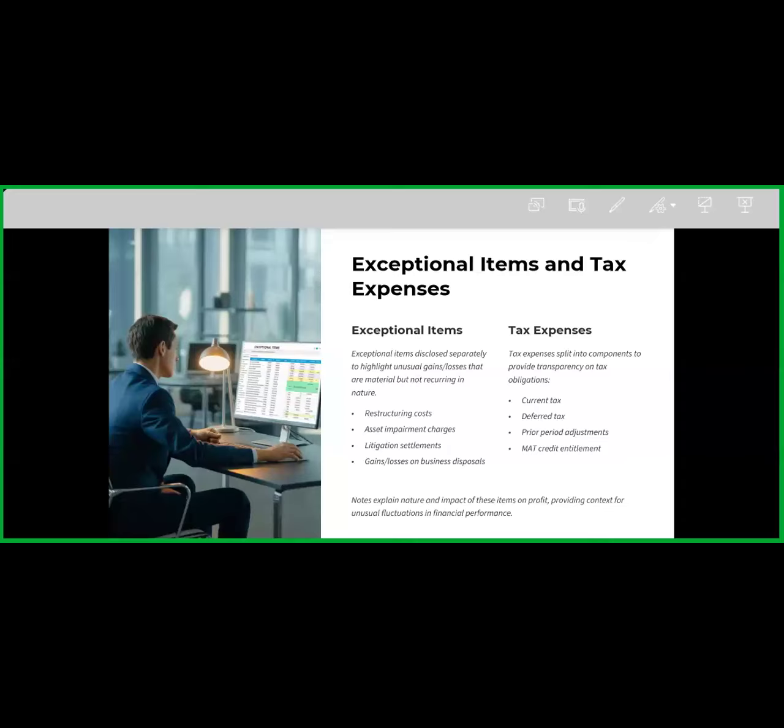Some of the tax expenses are split into different components like current tax, deferred tax, and prior period adjustments. All these notes explain the nature and impact of these items on a profit, or on a loss, and they provide the context for the usual fluctuations in the financial performance.